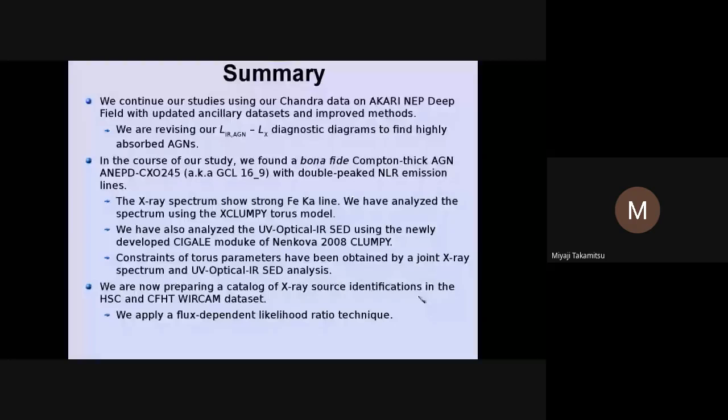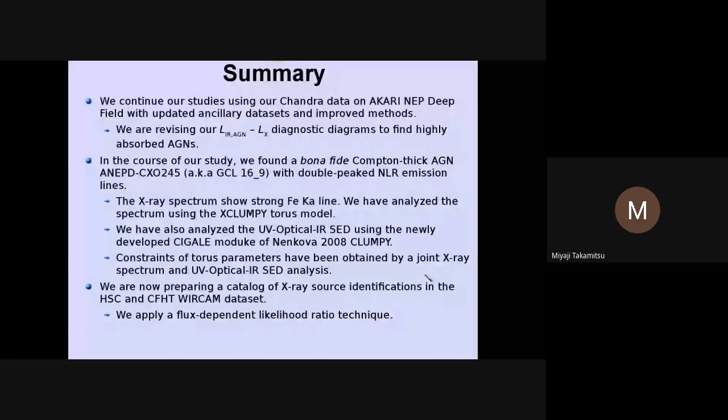And in the course of our study, we find a bona fide Compton-thick AGN with double peak NLRs, and we did some analysis on the torus parameters. And then finally, we are now preparing a catalog of X-ray source identification in the Hyper Suprime-Cam and CFHT data sets, applying the flux-dependent likelihood ratio technique. Okay, thank you.